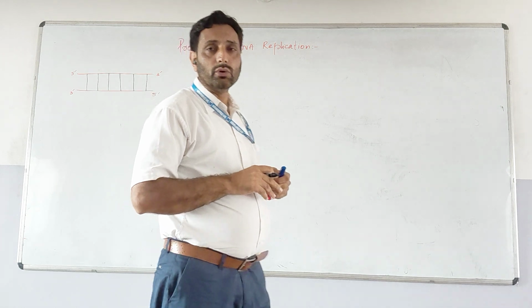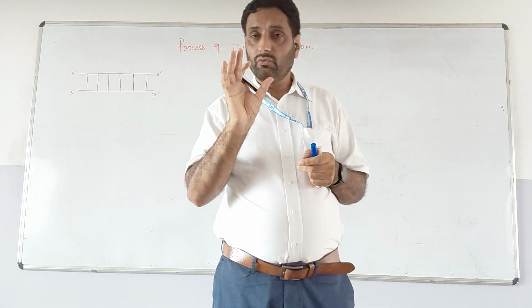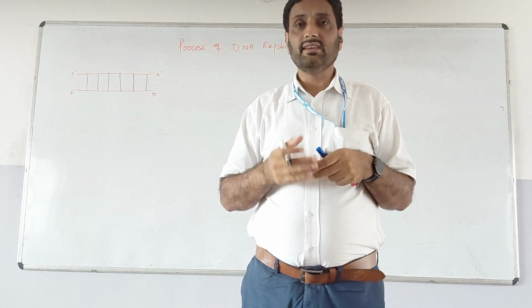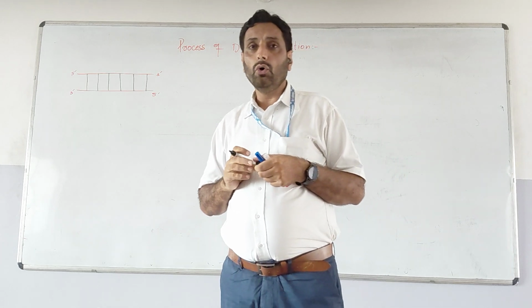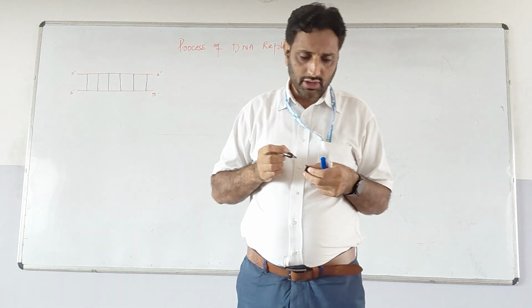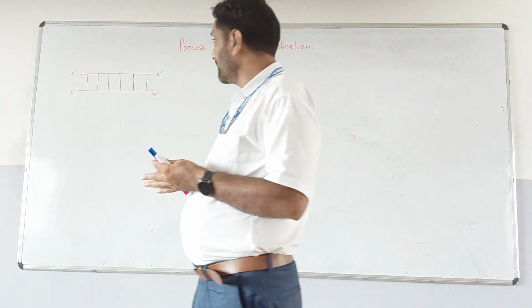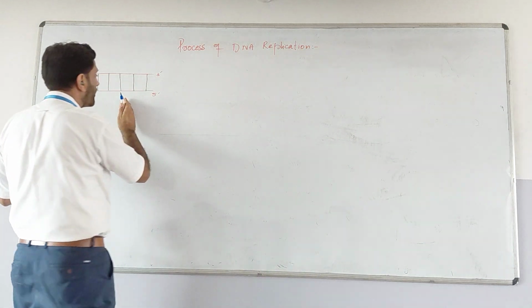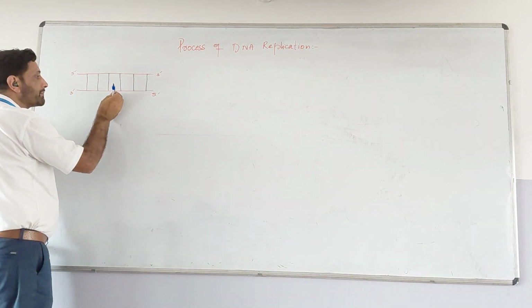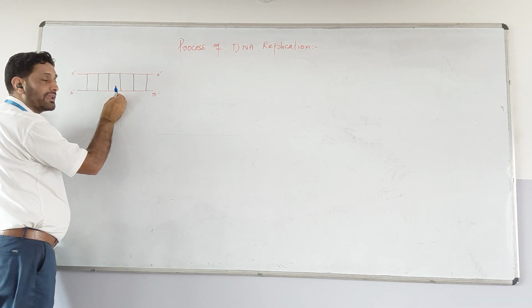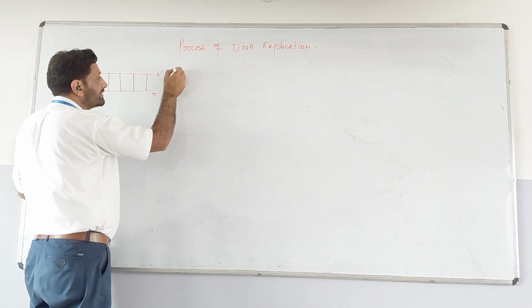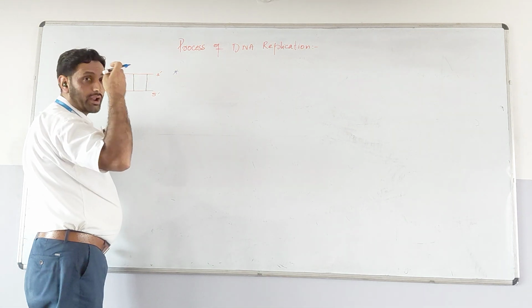In a DNA molecule, the point from where the replication actually begins is known as the ORI site. So we can say that it is the DNA replication start point. In this DNA molecule, there should be some point from where the DNA replication starts. That point is known as the ORI site.